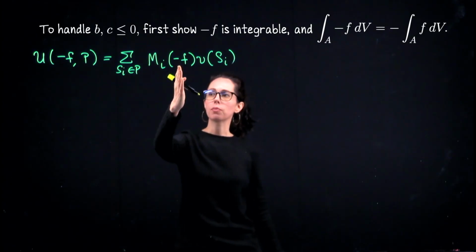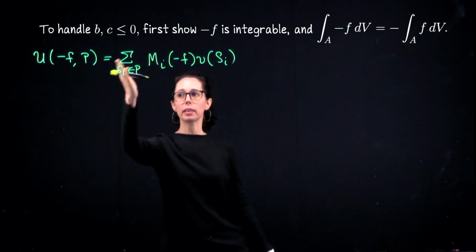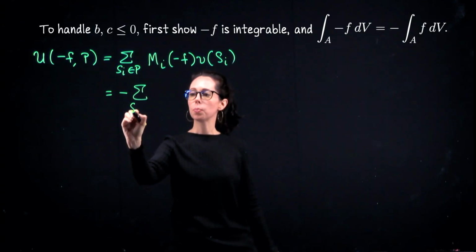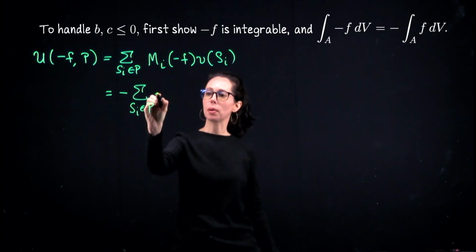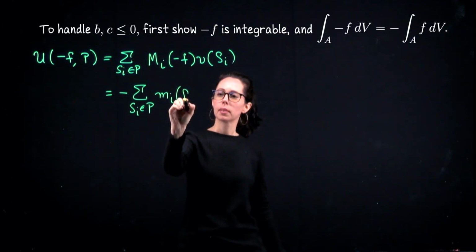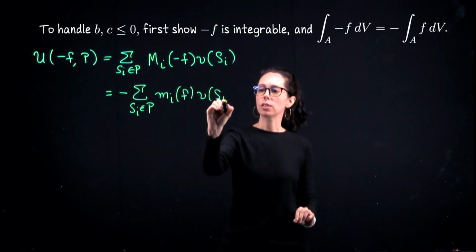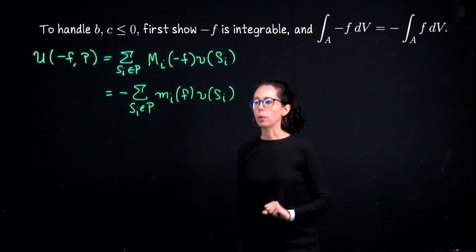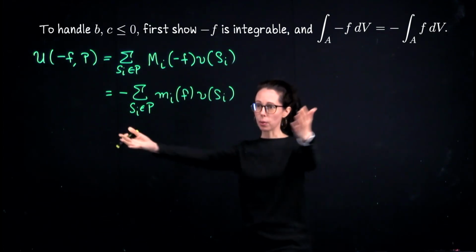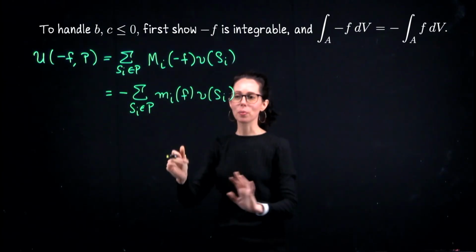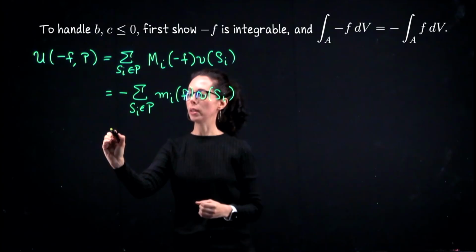So when I pull this -1 out and ultimately in front of the entire summation, what was a supremum is going to now become an infimum. So that's just why I wanted to do this separately and not try to do the entire result all at once. Okay, but now what is this? This is exactly the lower sum of the original function with respect to the partition times -1.